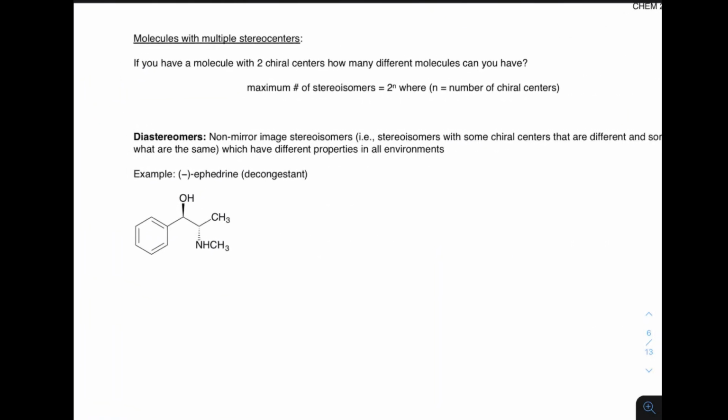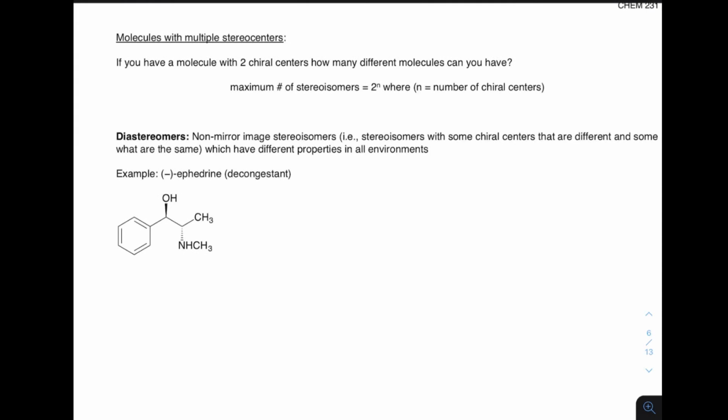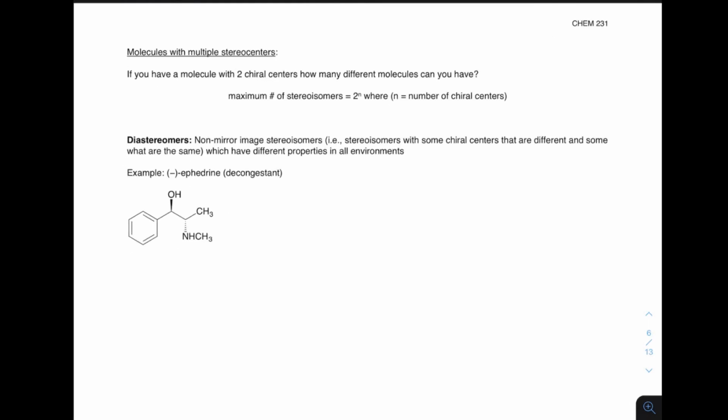So what if we have a molecule with more than one chiral center? What's the situation here now? One thing we can do is know, just from a mathematical standpoint, how many different molecules we have. We just take 2 to the power of n, where n is the number of chiral centers.